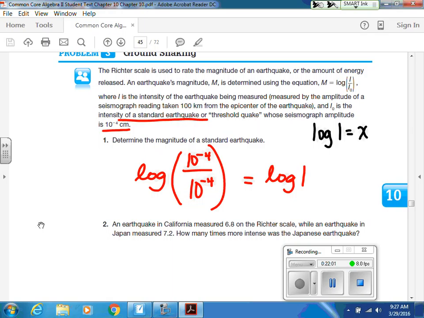That's what we're looking at, right? What's the base here? It's a common log. There's no base, so what's the base? 10. Basically, I'm saying 10 to the x equals 1. What power do you take any number to make it equal 1? 0. So the magnitude of a standard earthquake is 0.